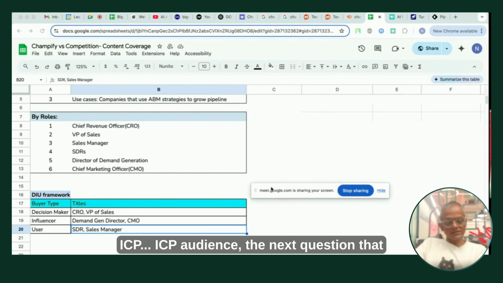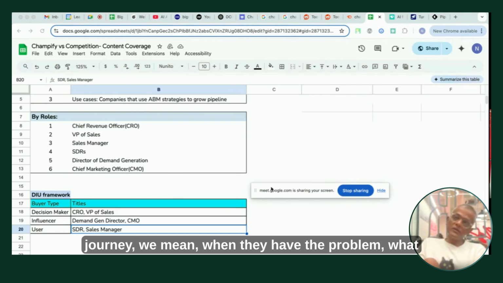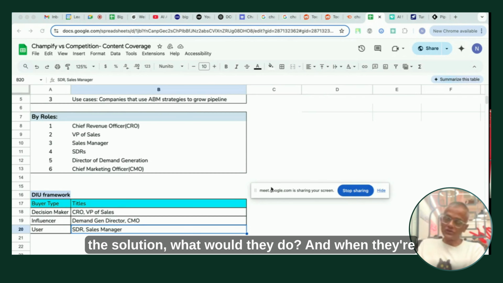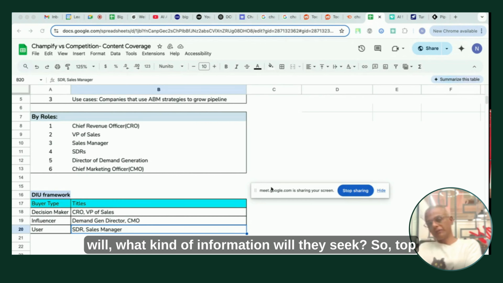So for this ICP audience, the next question that comes to us is, what's their buyer journey? By buyer journey, we mean when they have the problem, what are they doing? When they want to know more about the solution, what would they do? And when they're making a decision, what kind of information will they seek?